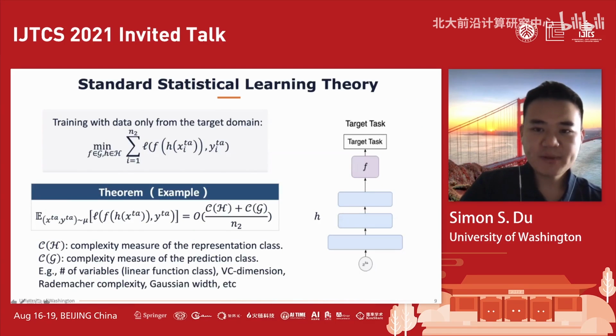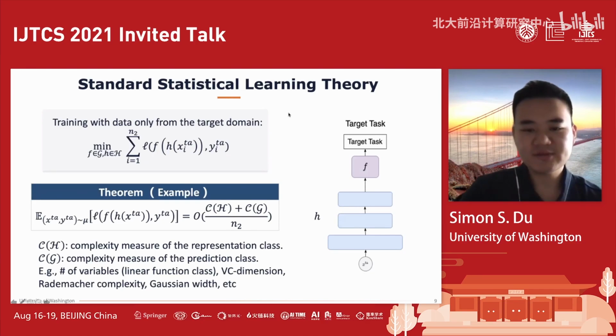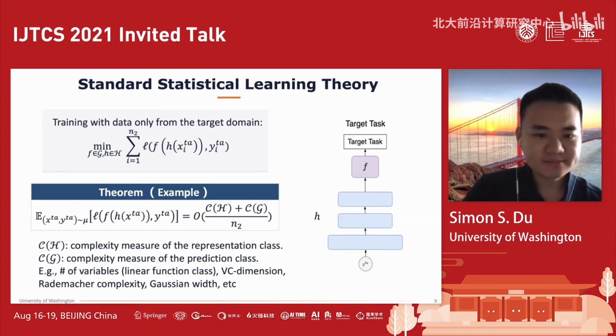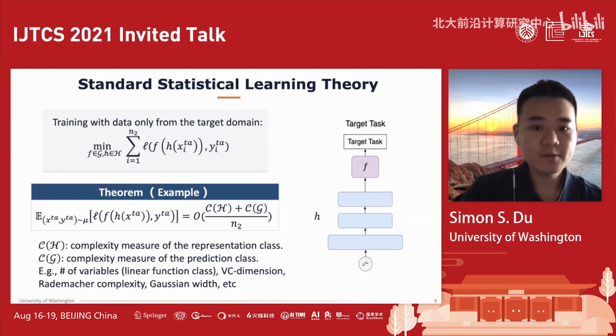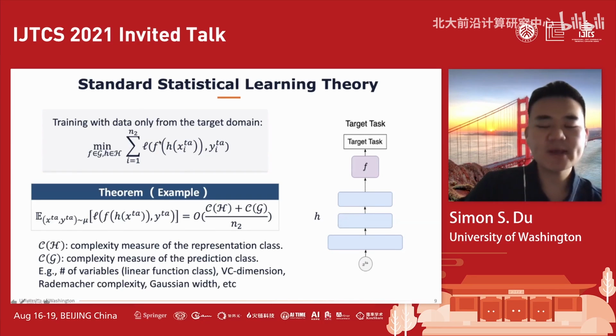Before going to the theory for representation learning, let's first give a brief review of standard statistical learning theory. If you only train your model using the data from the target domain, basically you're solving this optimization problem.